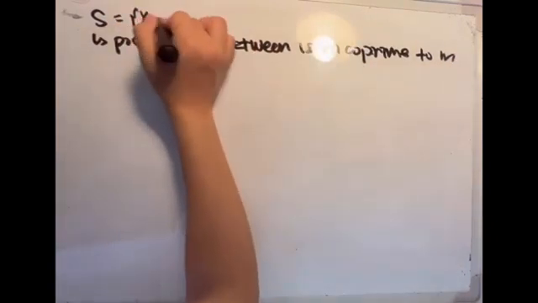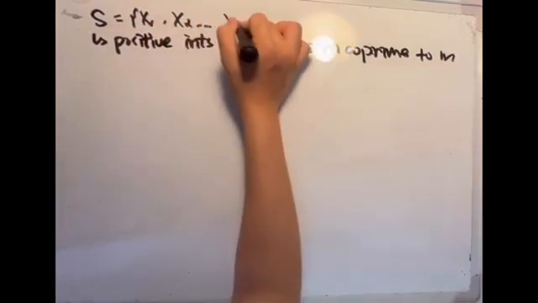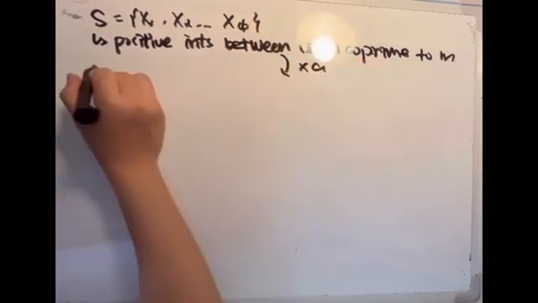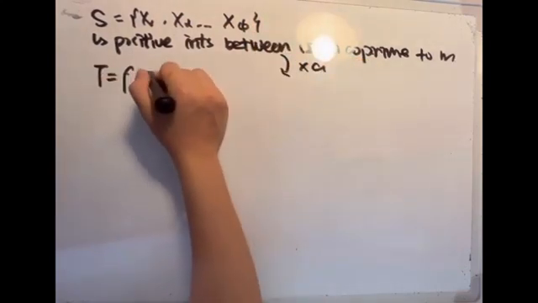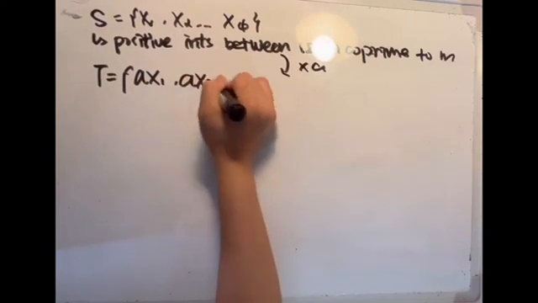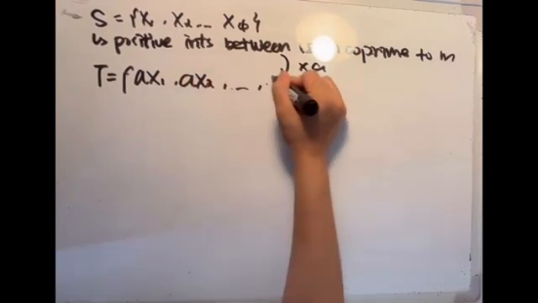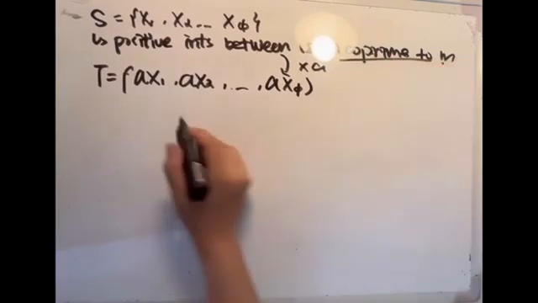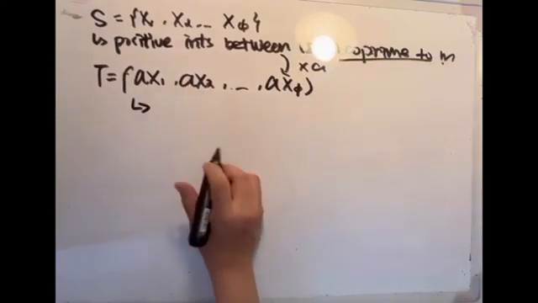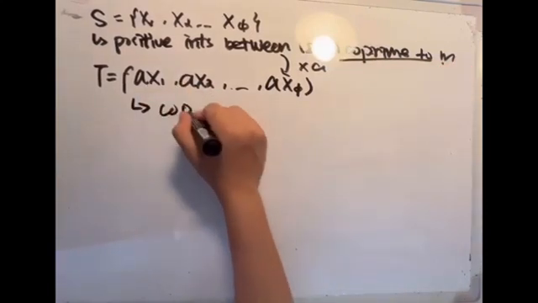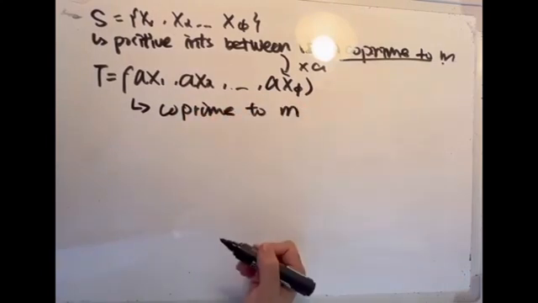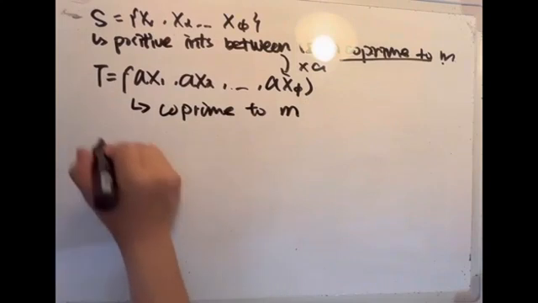Then we take all the numbers in this set and multiply them by a, and let's name the new set T. So T contains ax1, ax2, all the way up to ax phi. Let's look at some properties of these two sets. We know that all the numbers in set S are relatively prime to m by definition, and so is a. So when these two numbers multiply, their product is still co-prime to m, since none of them have any common factors with m. Now we will construct another set and call it T prime.